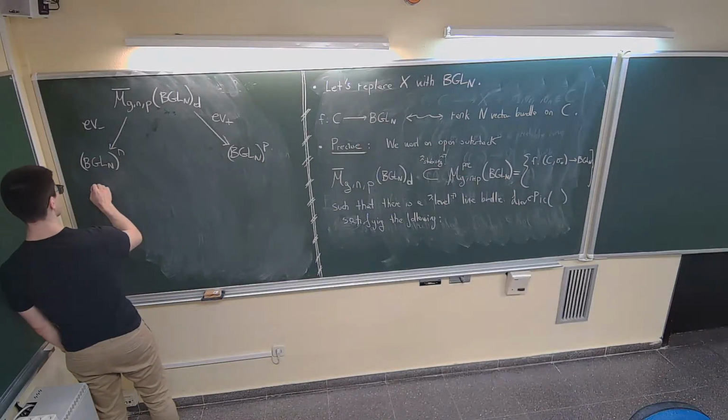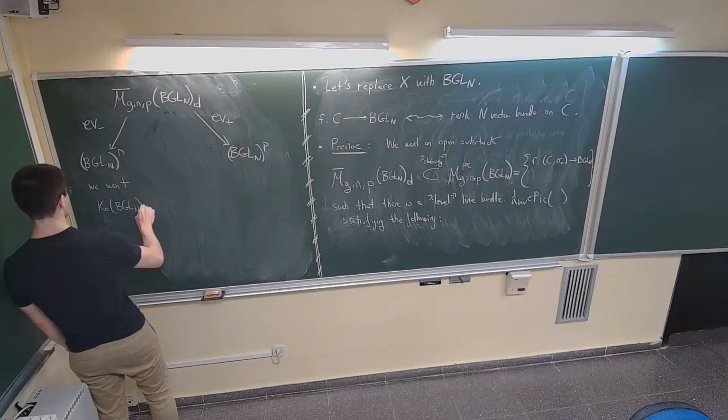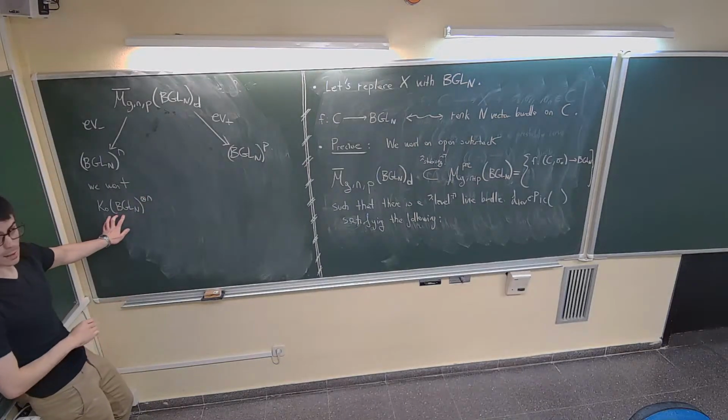And what do we want? We want that if I take a class in K_0 of BGL_n, by the way, this is just the representation ring of BGL_n. In other words, this is just symmetric Laurent polynomials.